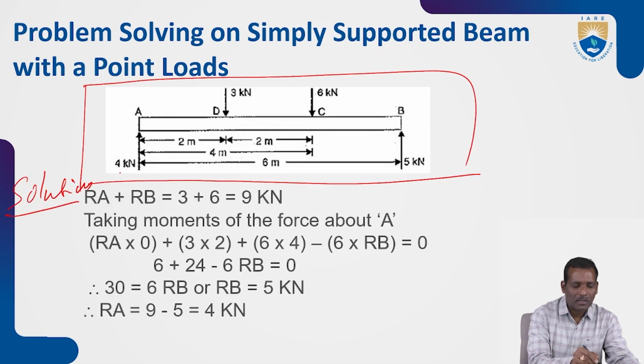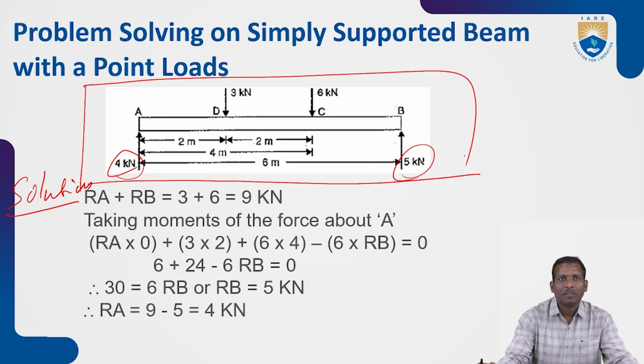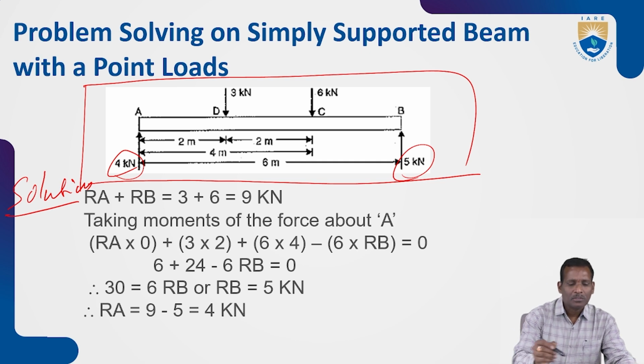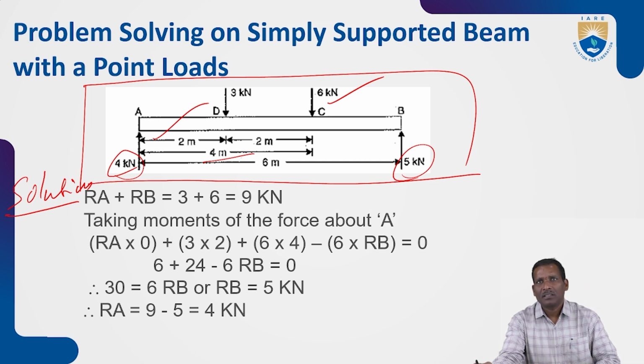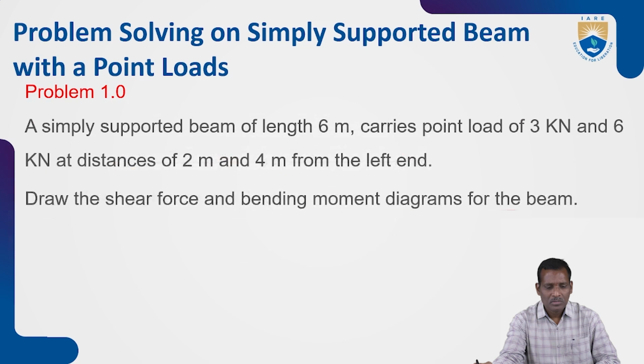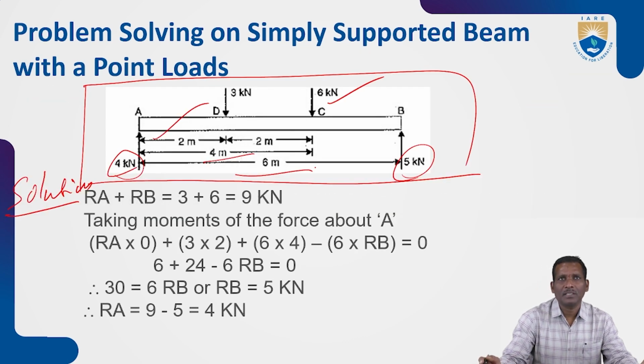After calculating the reaction forces, we have substituted them in this diagram. 3 kilonewtons at 2 meters distance from the left hand, and from the left hand side 4 meters distance, that is 6 kilonewtons. The entire length is 6 meters, as shown. And for this simply supported beam, first calculate the shear force.